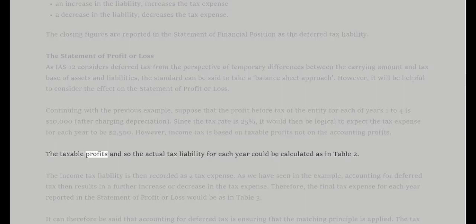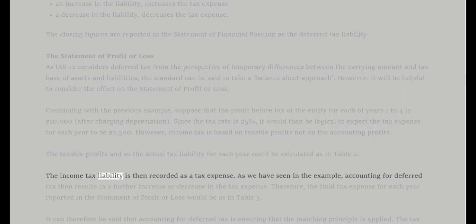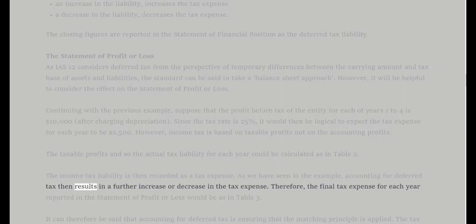The taxable profits and so the actual tax liability for each year could be calculated as in Table 2. The income tax liability is then recorded as a tax expense. As we have seen in the example, accounting for deferred tax then results in a further increase or decrease in the tax expense.